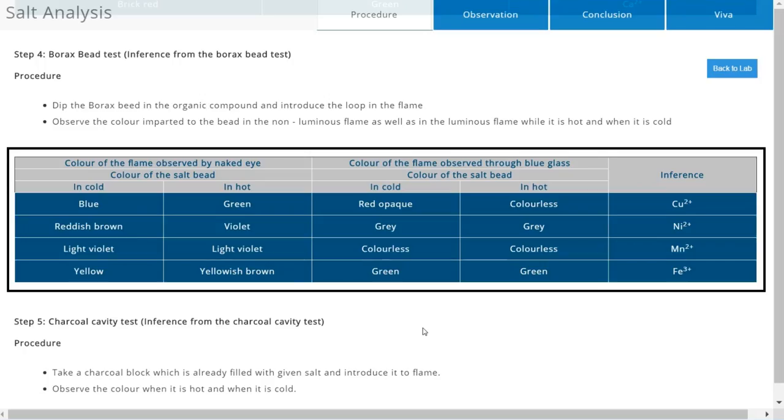Here, bead color does not match any of the characteristic colors.